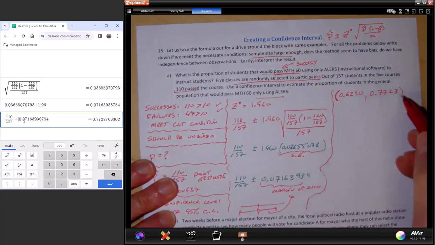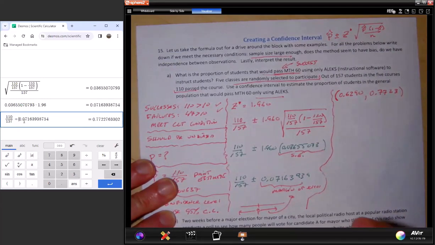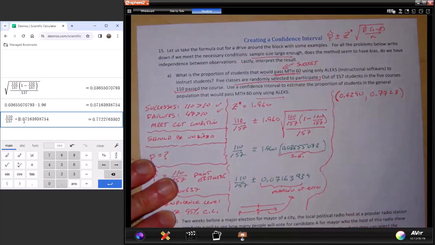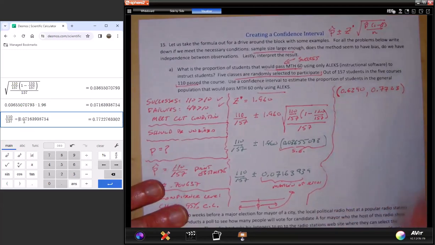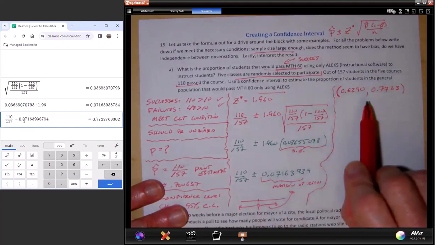So this is a 95% confidence level. So what does that mean? Here is what we're about to say, and it has to be phrased this way, because otherwise this can get confusing. Here's the logic that a statistician would use.